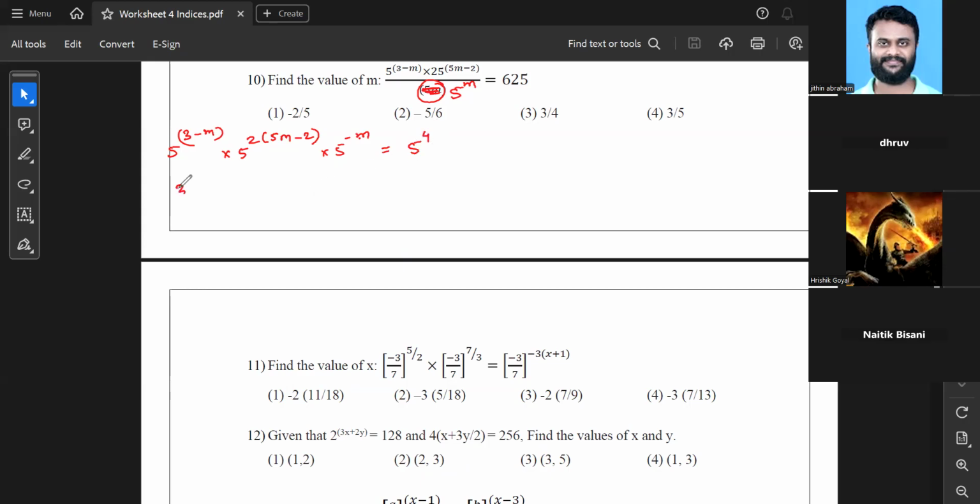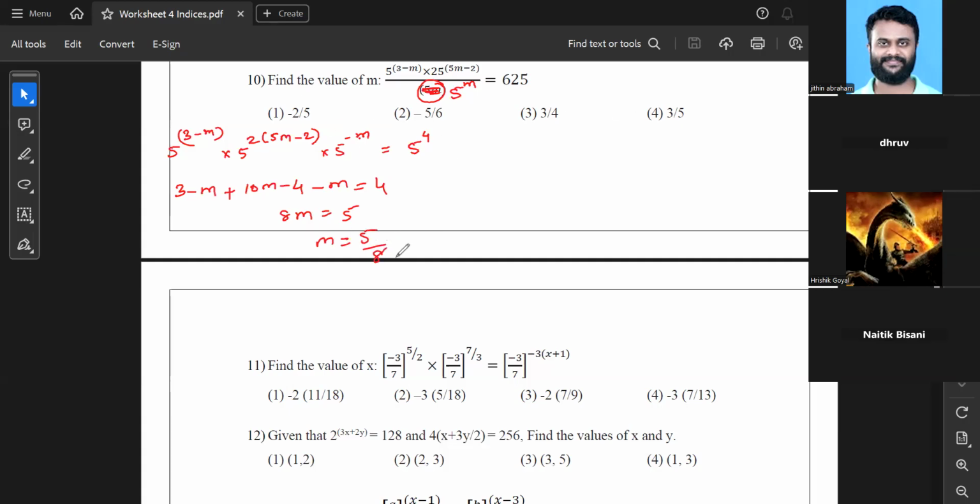So there goes 3 minus m plus 2 into 5 is 10m minus 2 into 2 is 4 minus m is equal to 4. So minus m is minus 2m, plus this becomes 8m. There goes 8 and there goes 5. m is equal to 5 by 8.